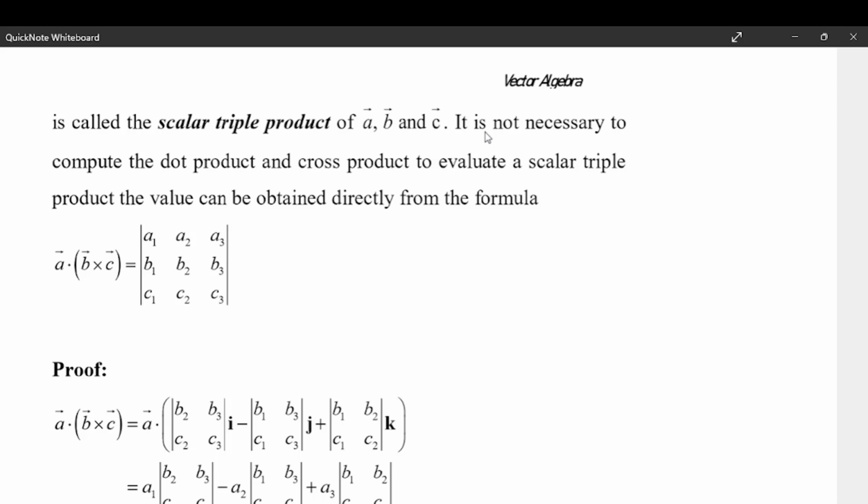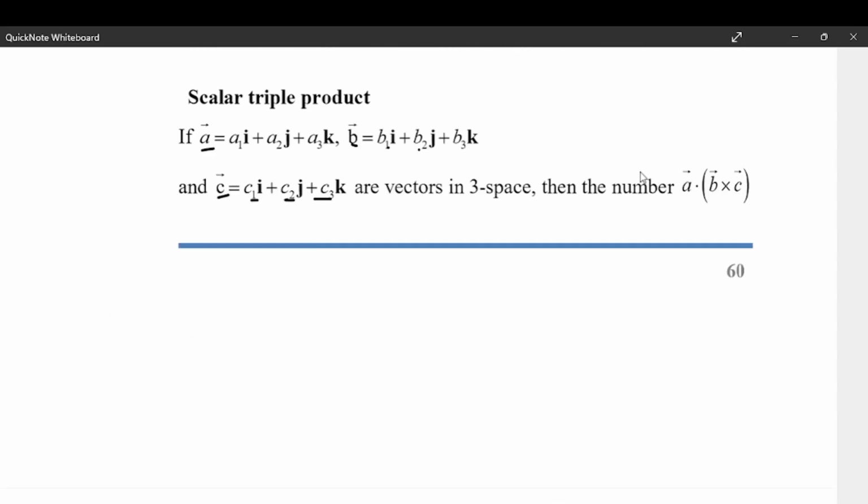Here we are saying that it's not necessary to compute the dot product and cross product to evaluate a scalar triple product. The value can be obtained directly from the formula using this. So it is not necessary for you to compute the dot product and then the cross product to evaluate the scalar triple product for a case like the one we have here.